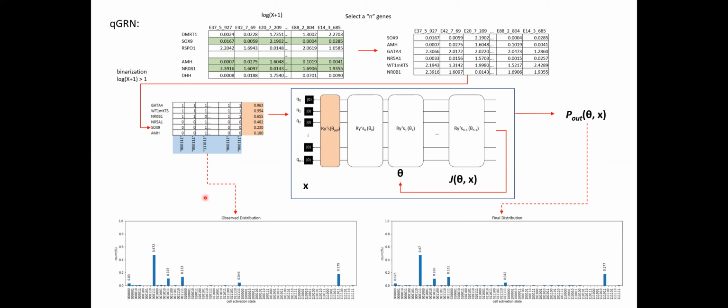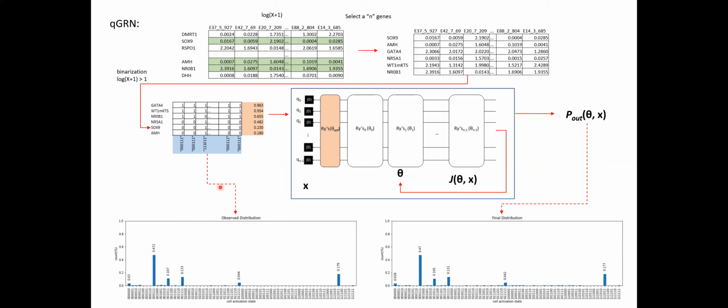After labeling those 2000 cells, we compute the distribution across all possible combinations we could have from 6 genes, which means 2 to the 6, which is 64 possible combinations.